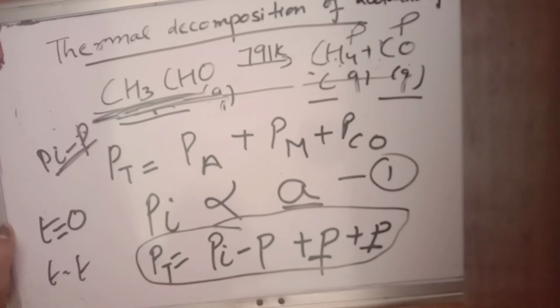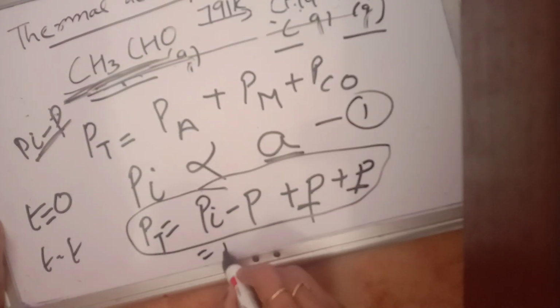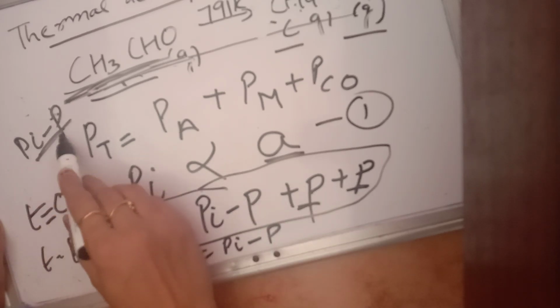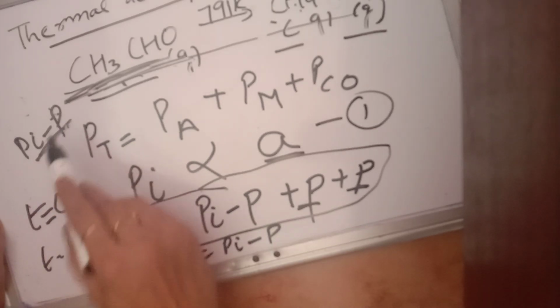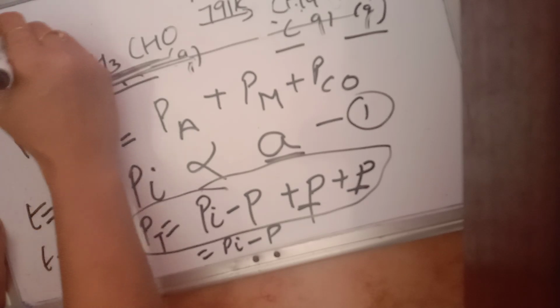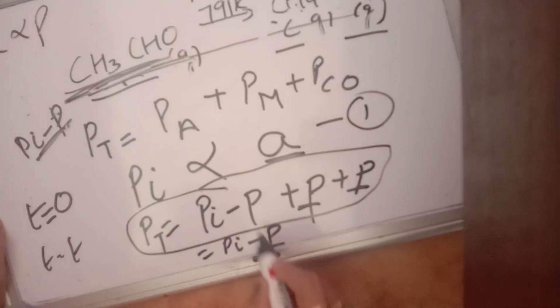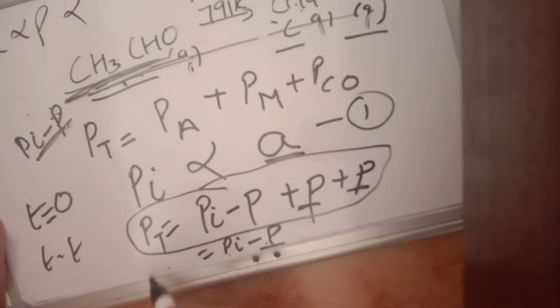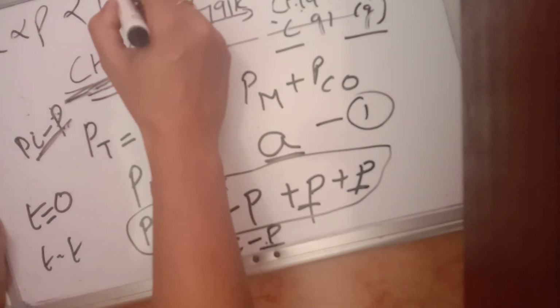Or we can write it as Pi plus P. So my X is basically here P. So X is proportional to P, which is equal to Pt minus Pi.